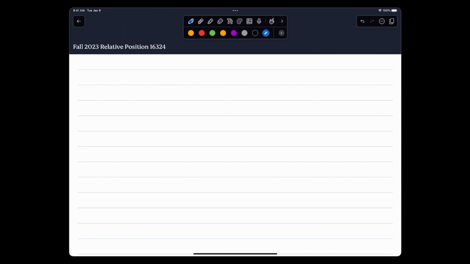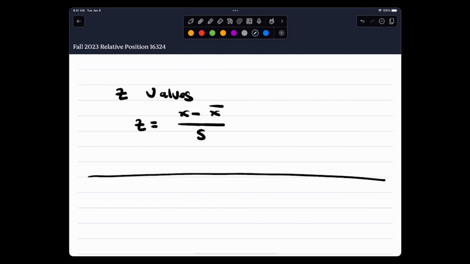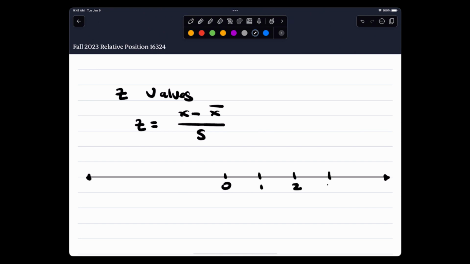Remember what we worked on yesterday. What did we work on yesterday? We ended with those things called what? Yeah, Z values, and again, that Z formula is the standardization formula, okay? Over what? S. And what does that give you? 0, 1, 2, 3, 4?